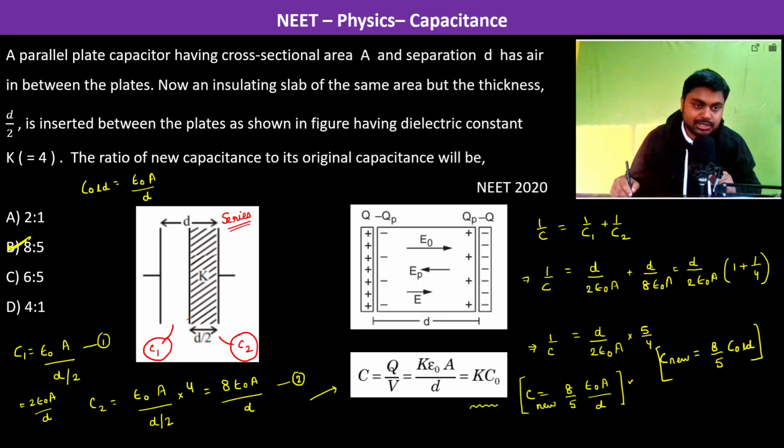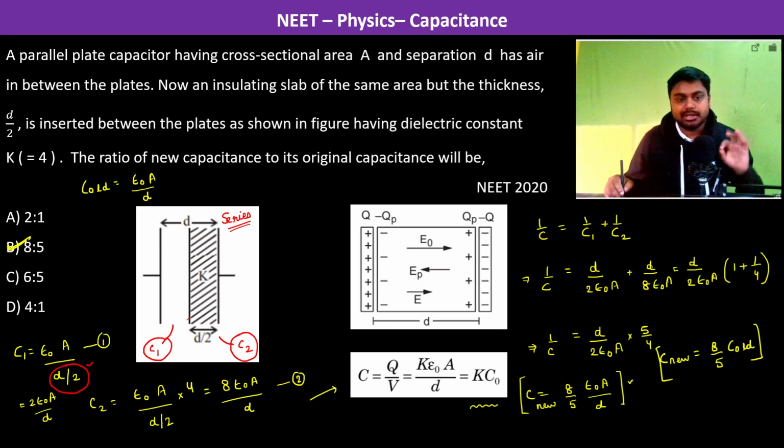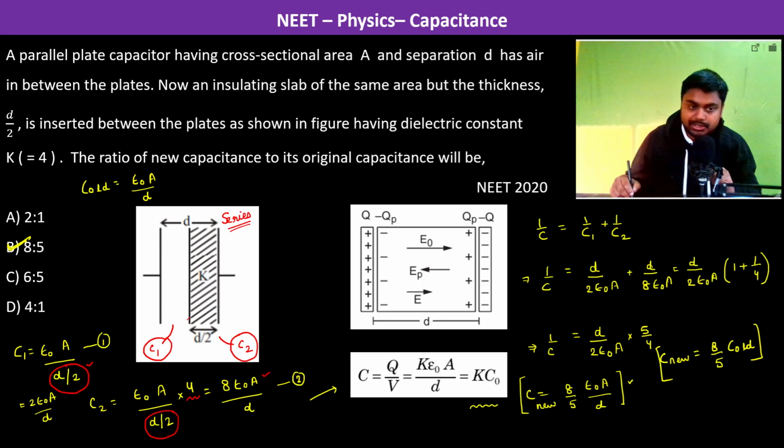So therefore the separation becomes D upon 2, and therefore epsilon naught A divided by D upon 2. Now another half is filled with dielectric, so therefore it's K times epsilon naught A divided by D by 2. So this comes out to be 8 epsilon naught A by D, and this is 2 epsilon naught A by D.